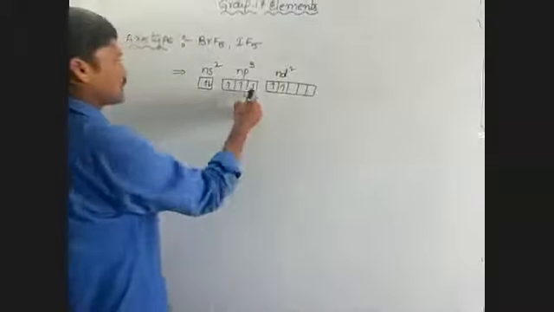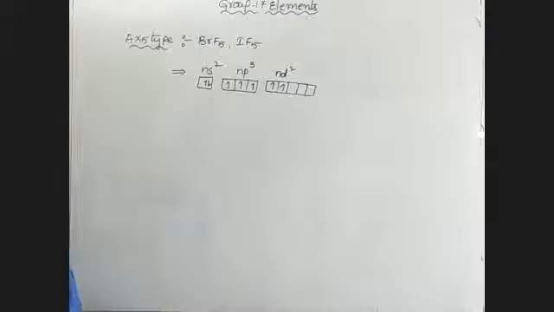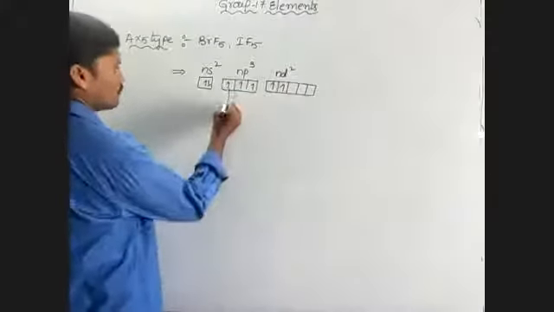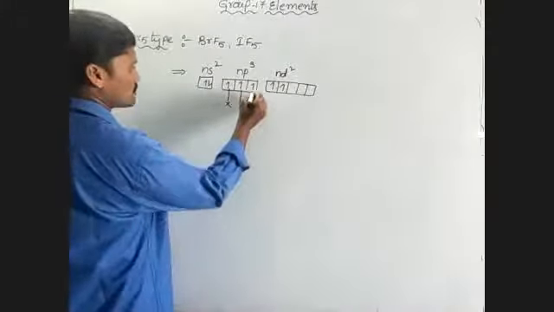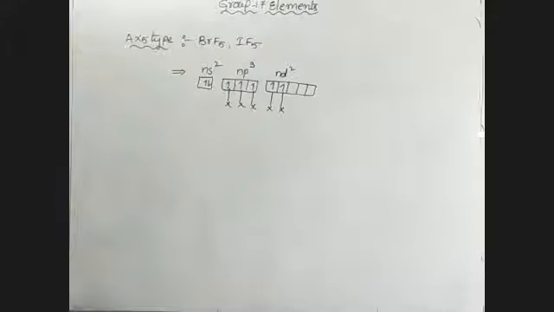So there are 5 unpaired electrons and 1 lone pair of electrons. So 5 small halogen atoms form bonds with the central atom.